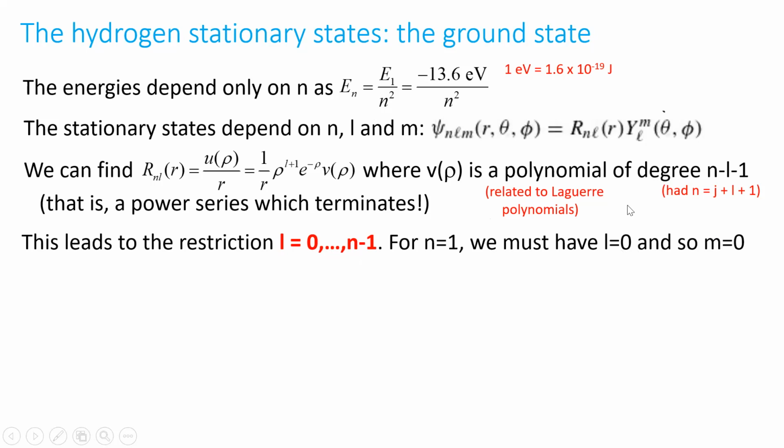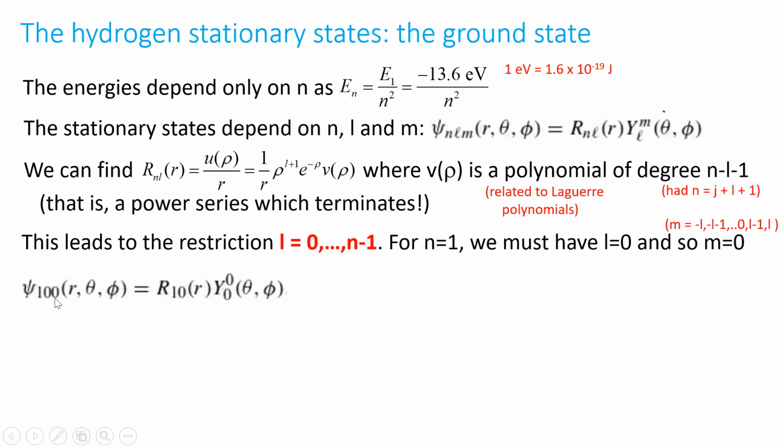And then the rules for the spherical harmonics say that M runs from minus L to L. But if L equals 0, minus L to L is just 0. So that forces M to be 0. So that tells us that the ground state, or the first stationary state, has n equal 1, L equals 0, M equals 0.